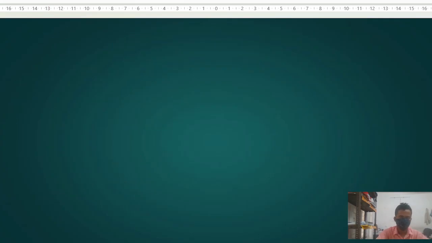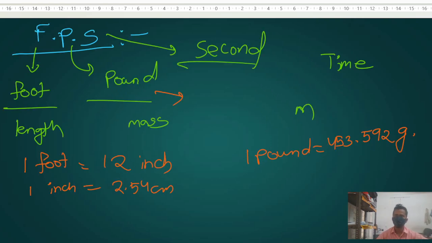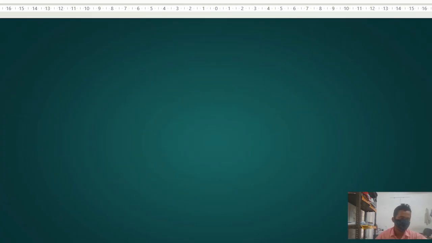Let's go to the second system. When foot, pound, second was proposed, it was going on, but after some time, the scientists invented new units. Then after F.P.S, C.G.S was discovered.